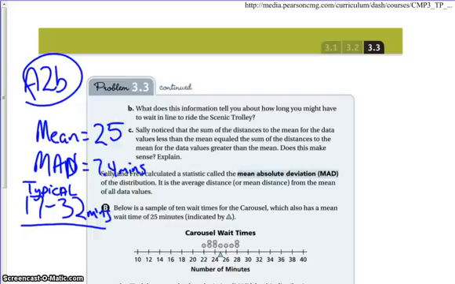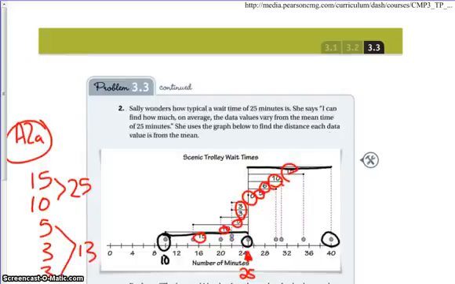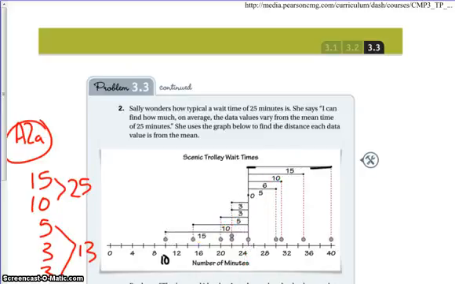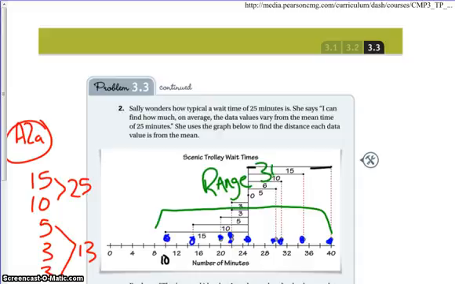If we go back and look at the line plot for that information, and I'm going to clear off these dots here real quick. If I look at just the dots, and I'm going to color those in blue real quick for you. Okay, if I look at those dots, they are very spread out. They go from 10 all the way to 40. So we have a range of 30 with a mean absolute deviation of 7.4.